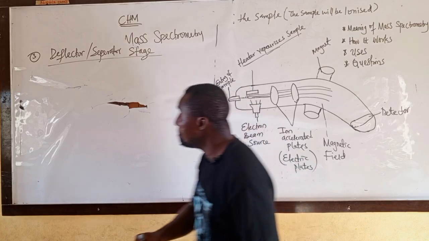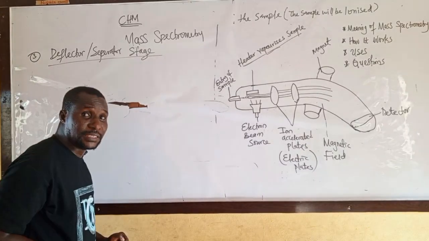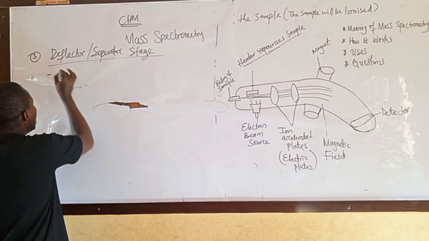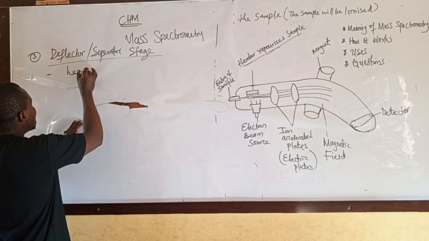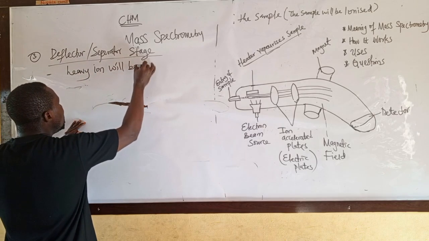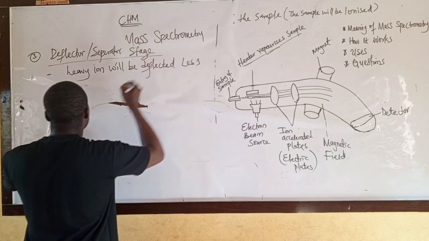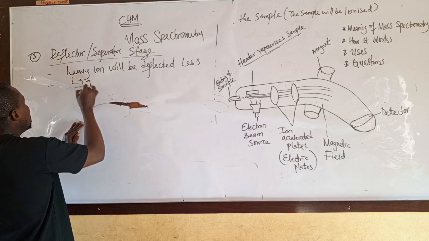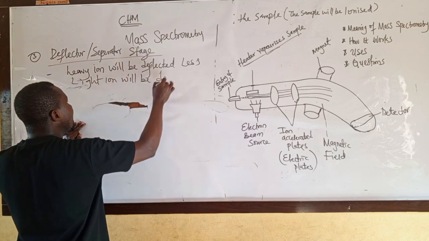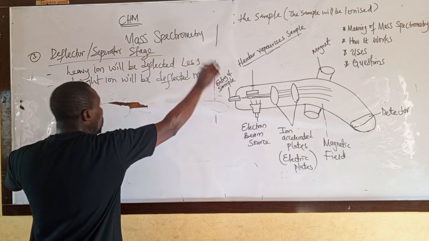Let me write it down. That means at this point, they will be separated or deflected based on their mass to charge ratio. Then, heavy ions will be deflected less. That's it. Light ions will be deflected more. Take note. That is one.